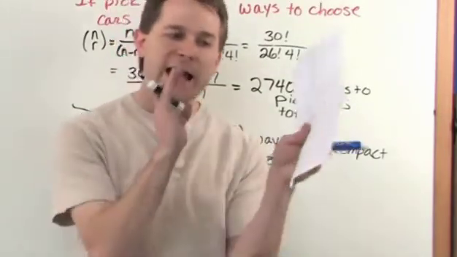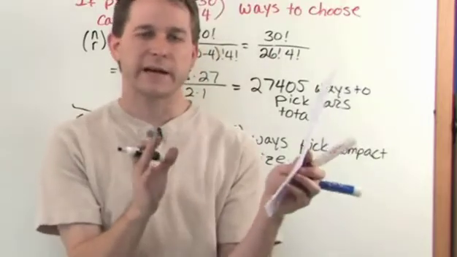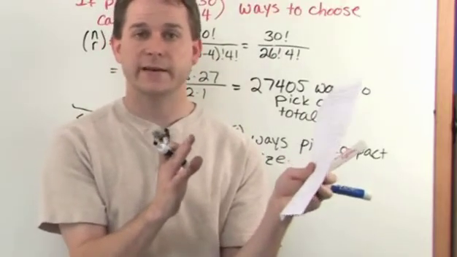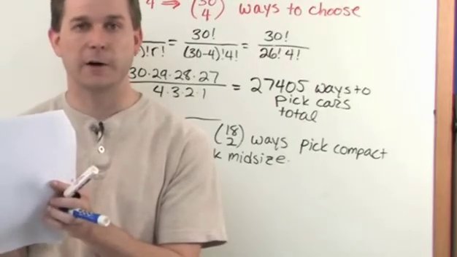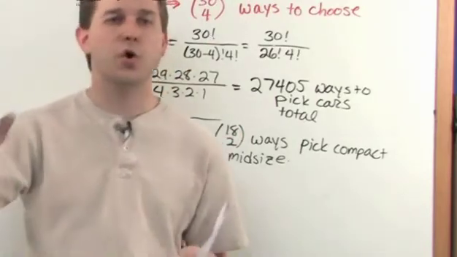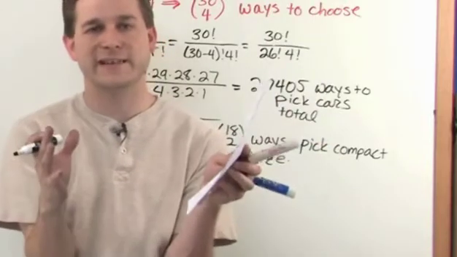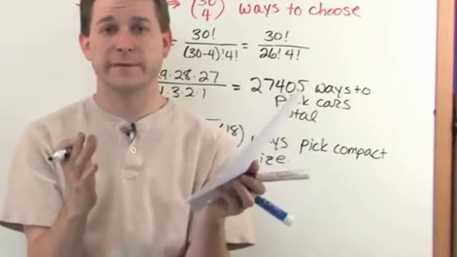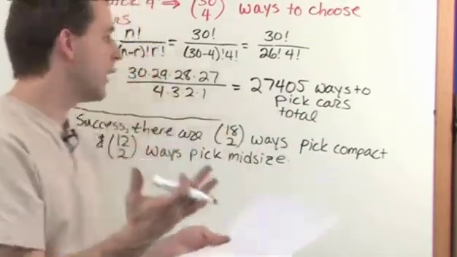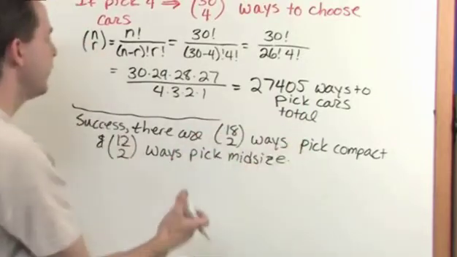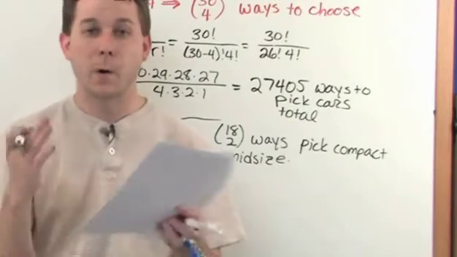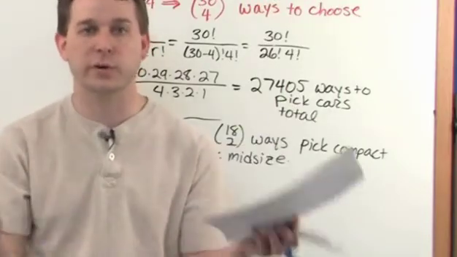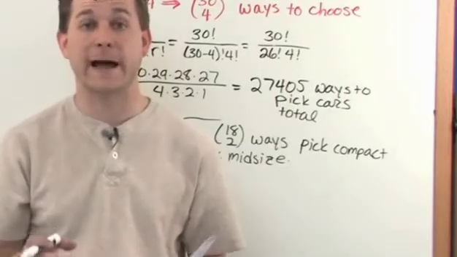I want the whole enchilada, the whole number of combinations for both of those things put together. So this is basically the fundamental counting principle. Event 1 is getting 2 of the compact car. Event 2 is the number of ways to get the mid-size car. I multiply these things together to get the total number of ways that both of those things can happen together.